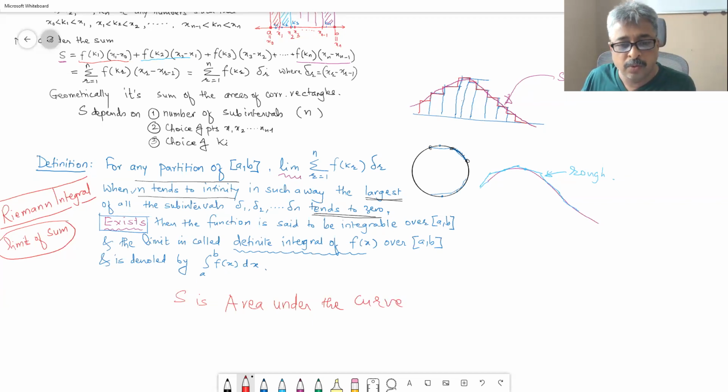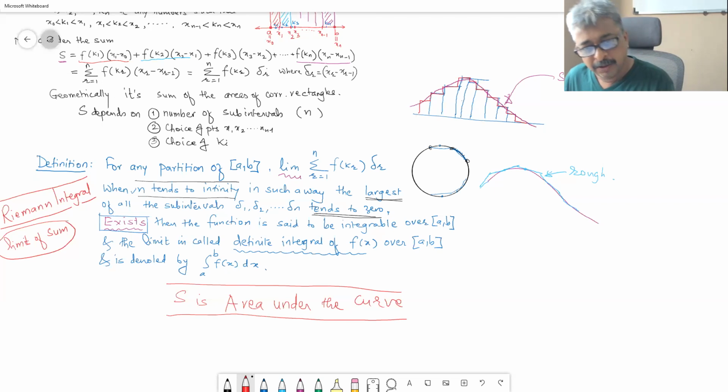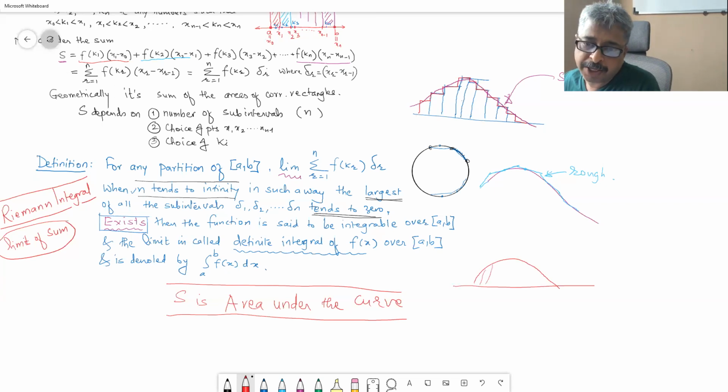Under the curve, we can visualize it as area under the curve geometrically, which we said earlier. Now the only problem in this case is, if your curve is above the x-axis, we don't have any problem. This is area. But the moment your curve goes below the x-axis, then this will have a little problem.